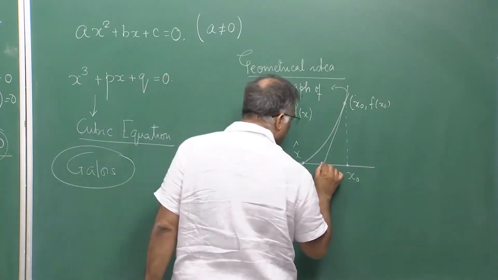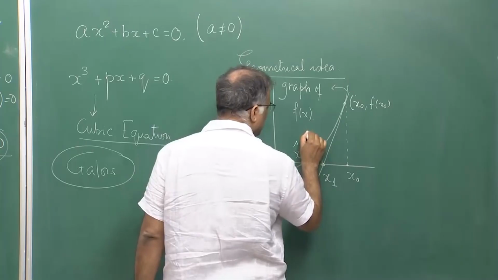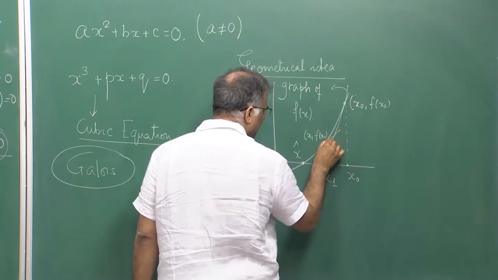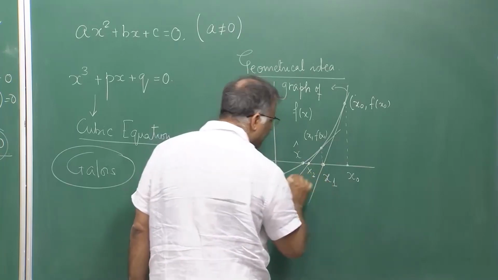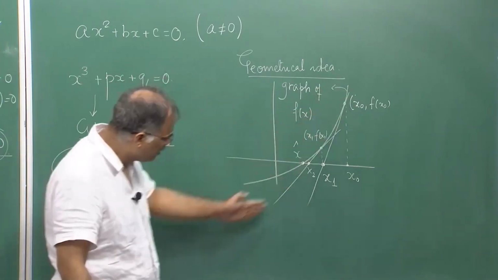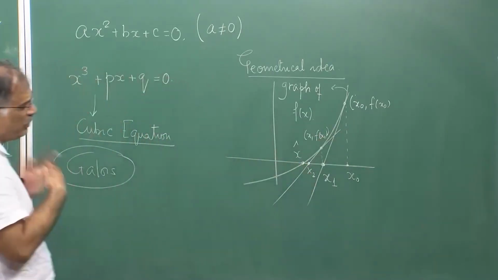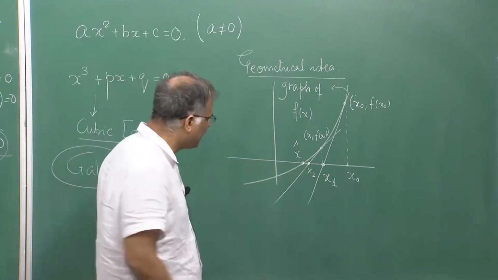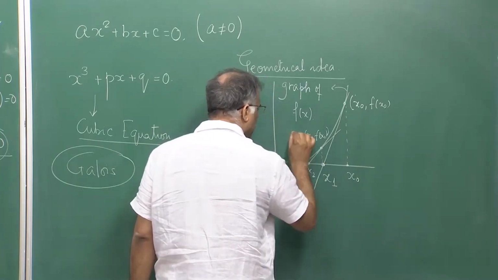Now what is the corresponding point on the graph? It is this one, (x1, f(x1)). Now I draw a tangent through (x1, f(x1)) and see where it cuts the x axis, where this tangent line becomes 0, and call that point x2. You see I have come quite near the solution. Similarly you can do it for the point (x2, f(x2)).